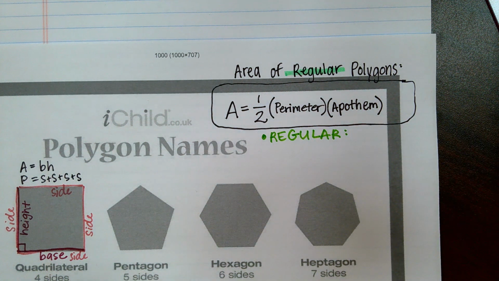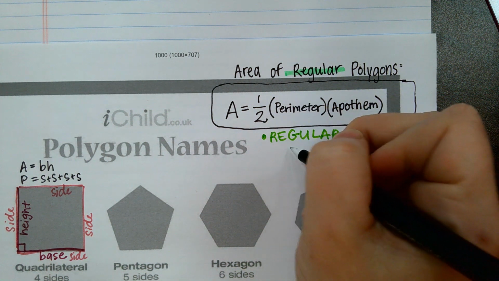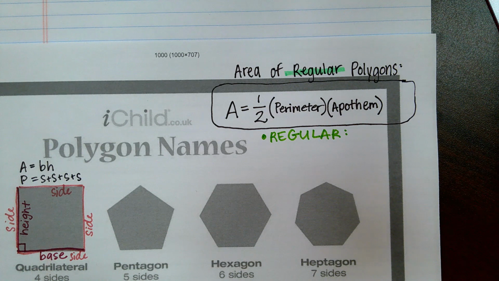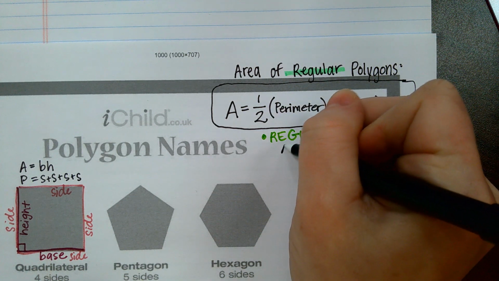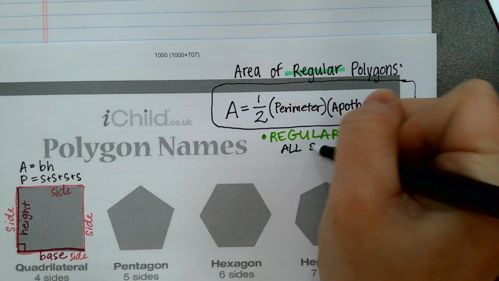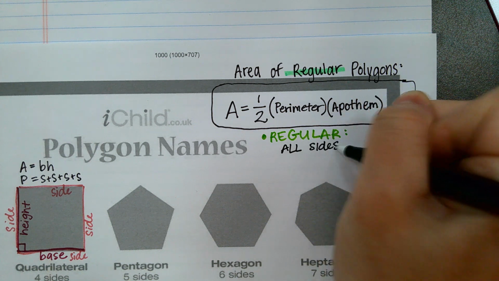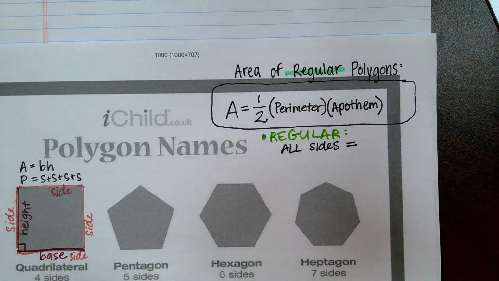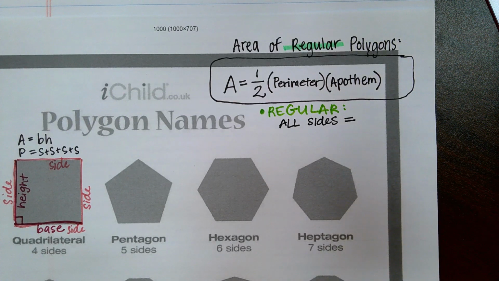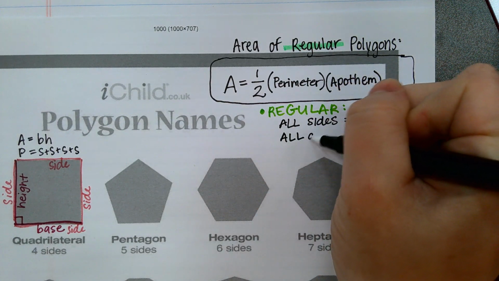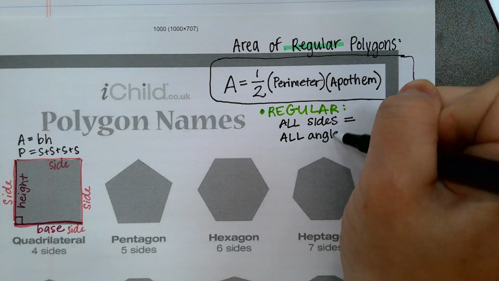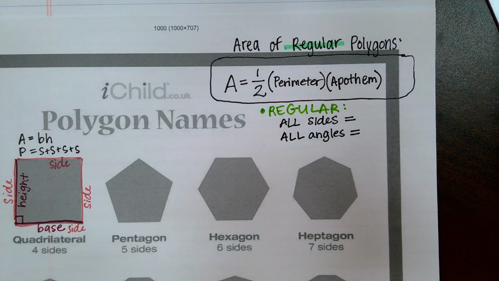Regular polygons have all side lengths that are the same. So all sides are equal. And all angles are equal.